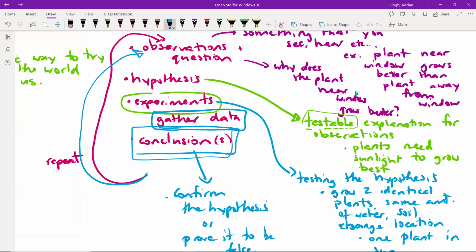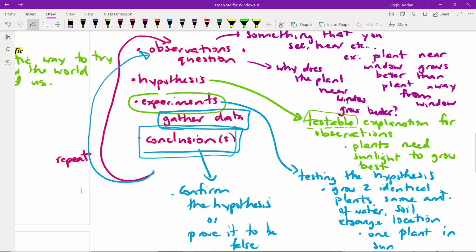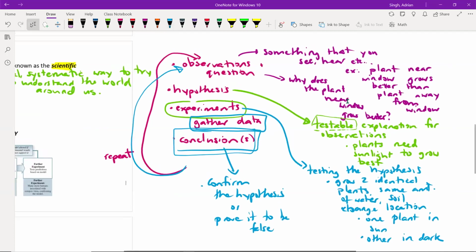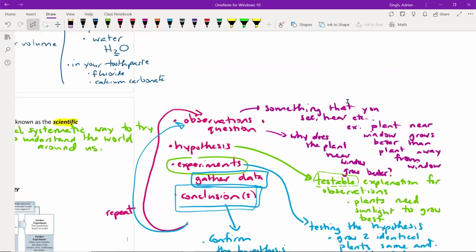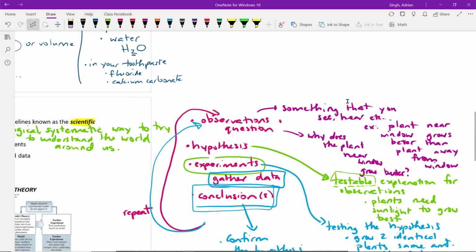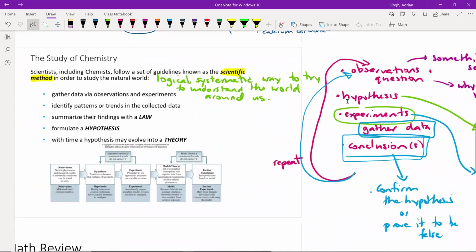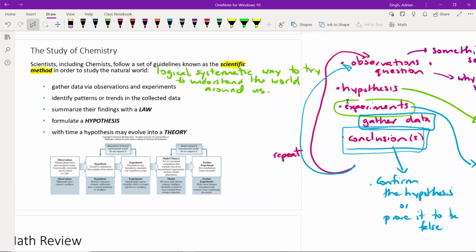And that, in a nutshell, is what the scientific process actually is, right? And we've employed it here to just try to explain the growth of plants.